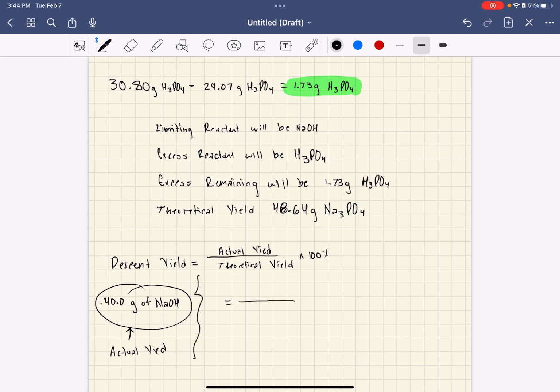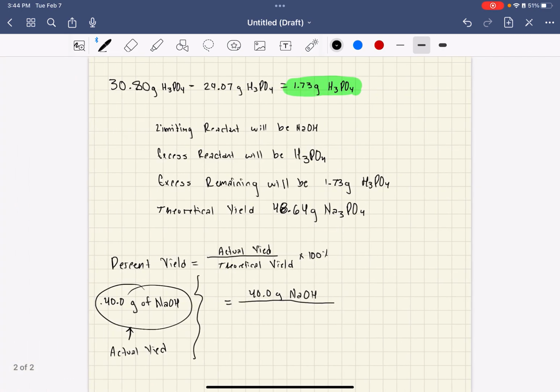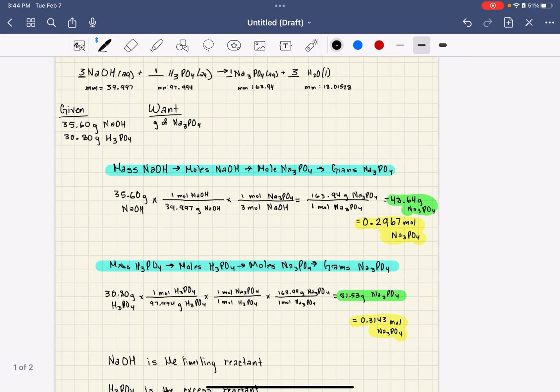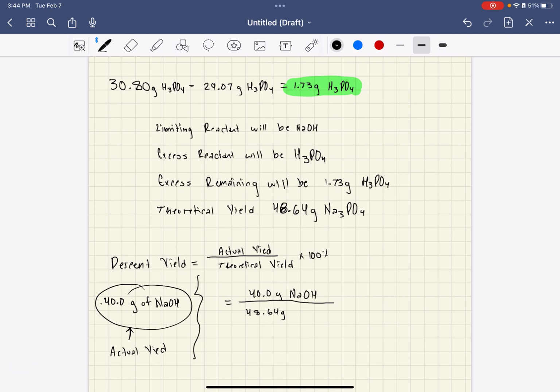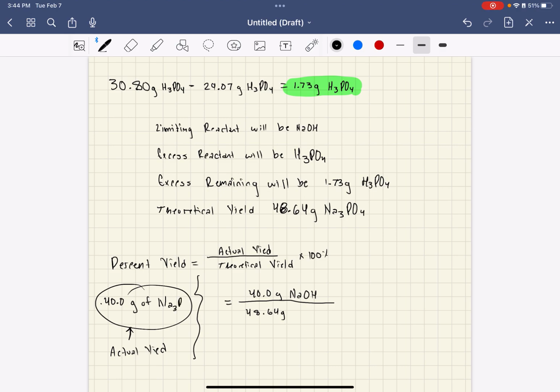The actual yield will be 40.0 grams of Na3PO4, your product, over what we got here, 48.64 grams of Na3PO4.